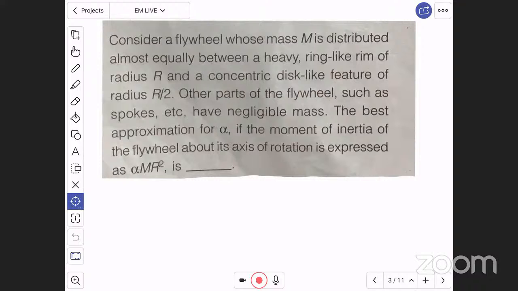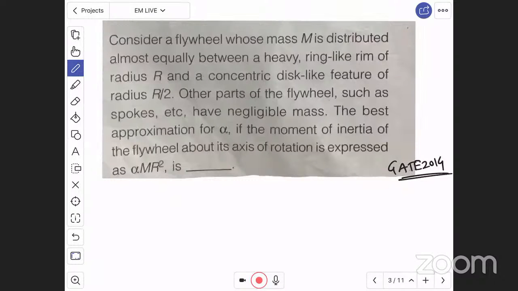This is a previous year GATE question. I think this question was asked in GATE. Let me check. Yes, GATE 2014, for 2 marks.